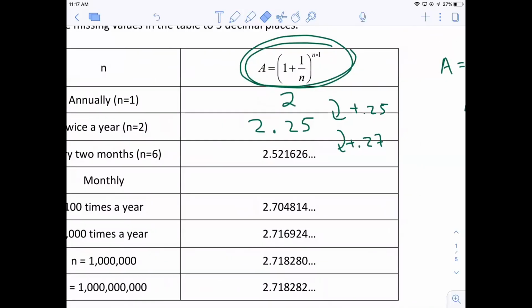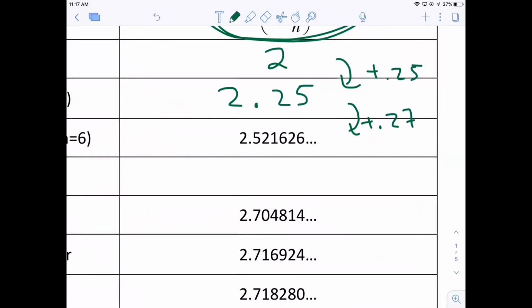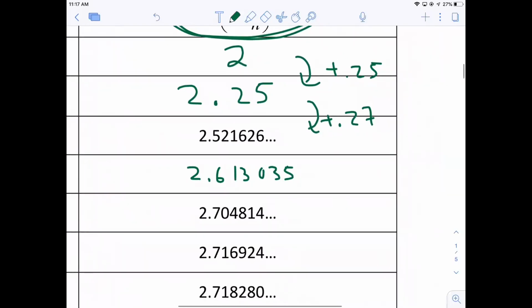All right, so let's compound even more often. Let's take 1/12 of the interest, 1/12 of 100%, and let's do that 12 times a year. And let's see what that gets us. If we do it monthly, it's going to be 2.613035. And now we're going up by, I don't know, about 9 cents.